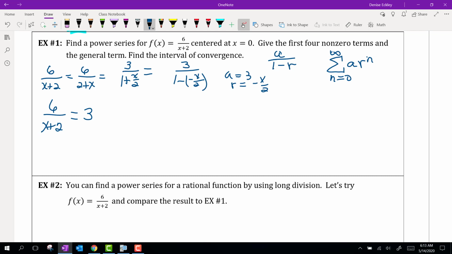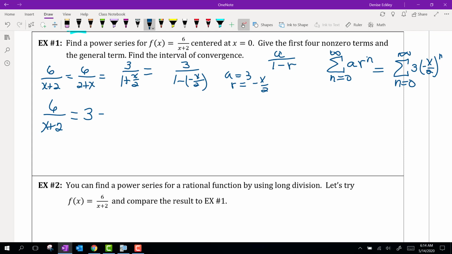So if we start writing out the terms, when n is 0, we'll just have a, so that's 3, and then we'll have minus, because we're putting negative x over 2 in. This is 3 times negative x over 2 to the n.